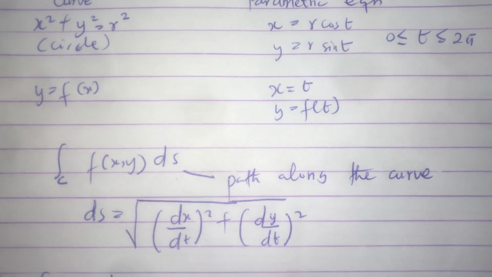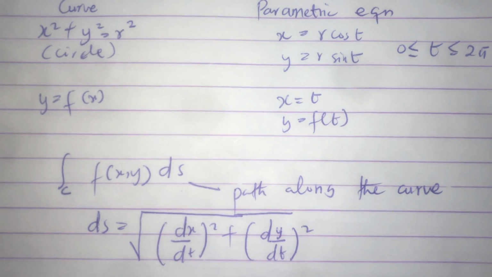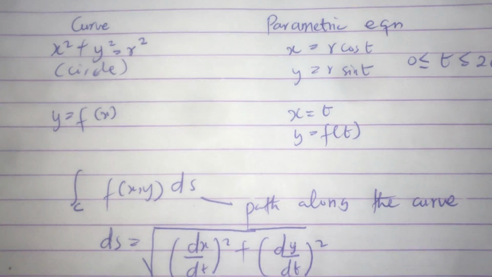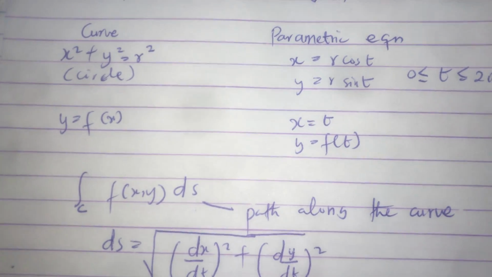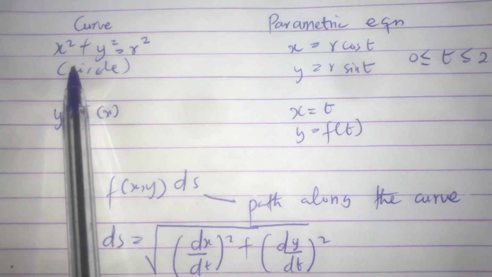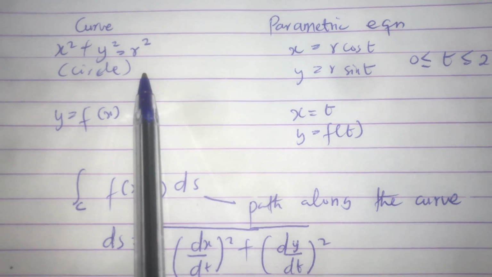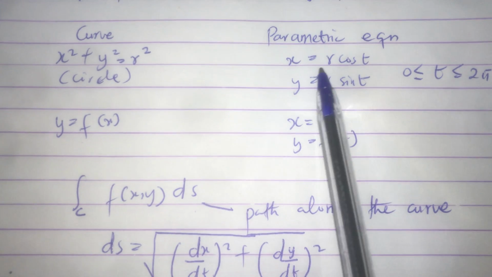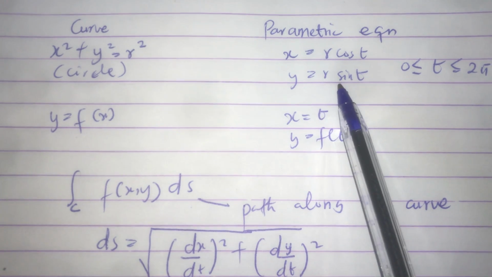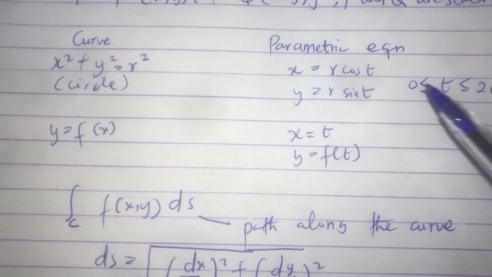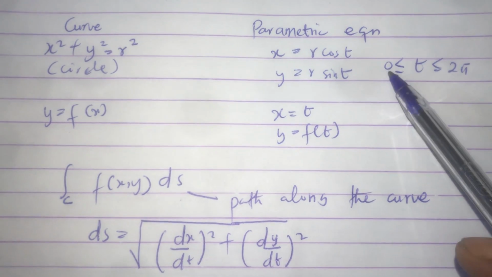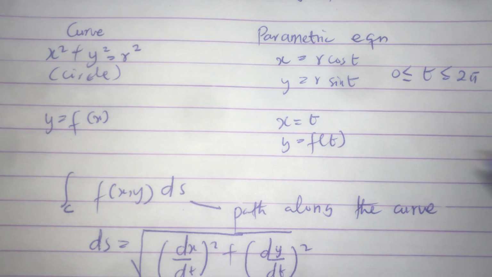Now to find your line integral, you must know your parametric equation and also your ds. Every curve or function has its own parametric equation. Here I'm going to consider two of them, which are the circle and a linear function. When you have a circle, x squared plus y squared is equal to r squared. Its parametric equation becomes x equals r cos t and y equals r sin t, and it has the t, that's the angle, with a limit from 0 to 2 pi, that's 360.